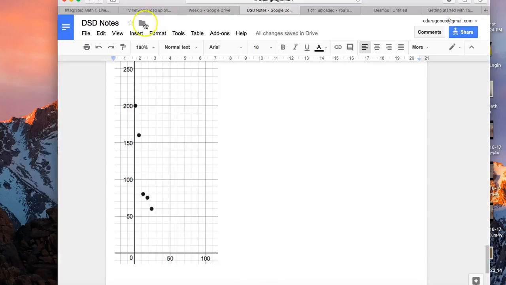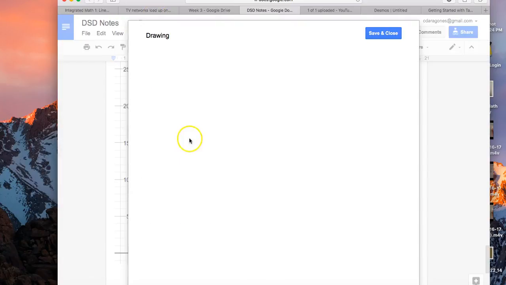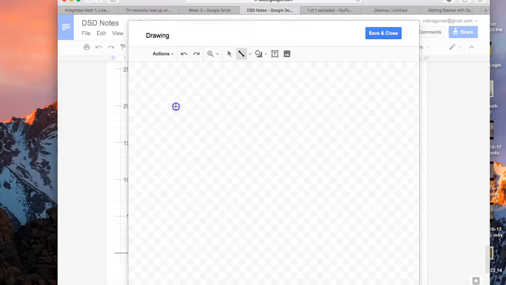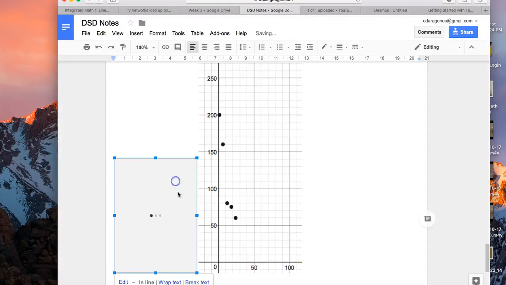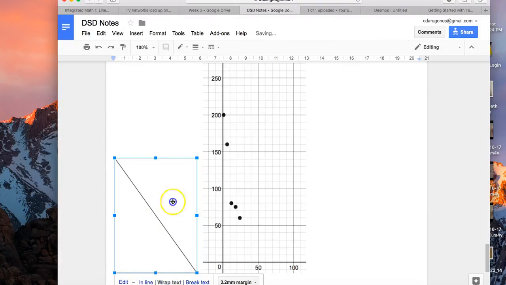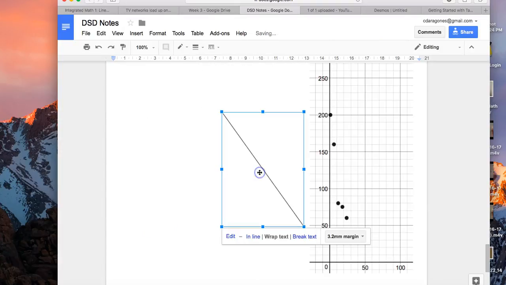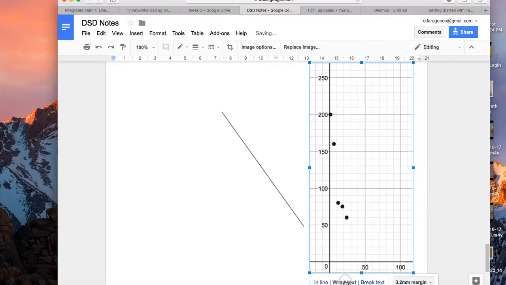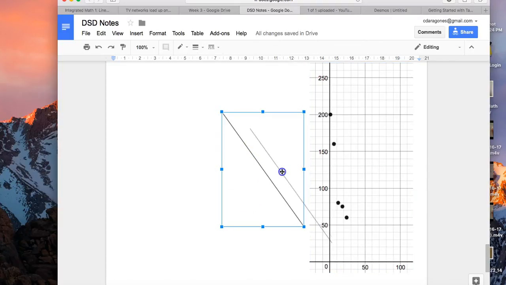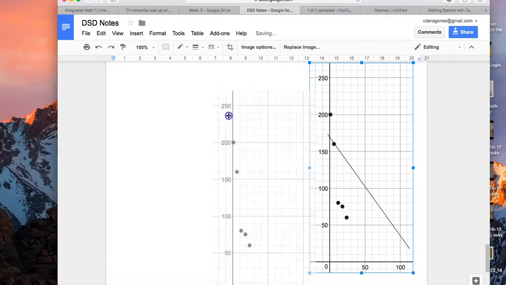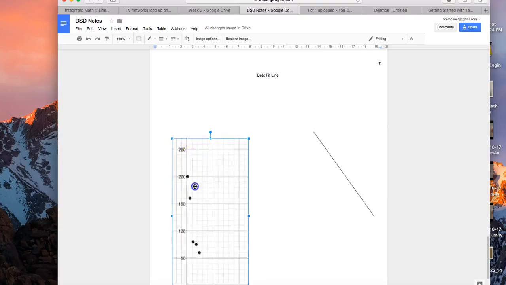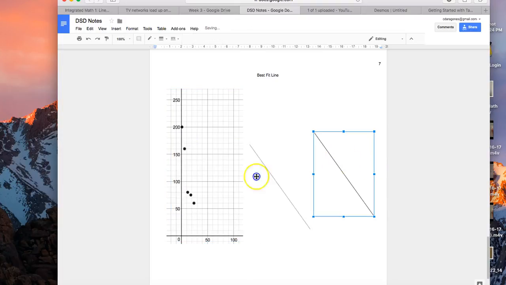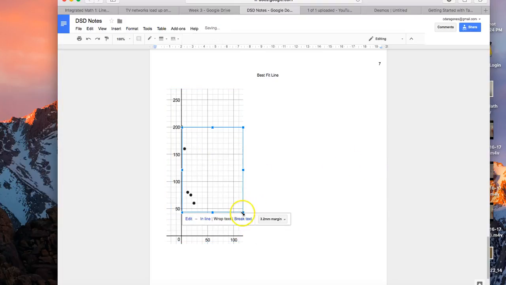Then you're going to try to draw a straight line that looks like it could fit through as many of the points as possible. So let's move this over. You're going to try to draw a straight line that fits through as many points as possible.